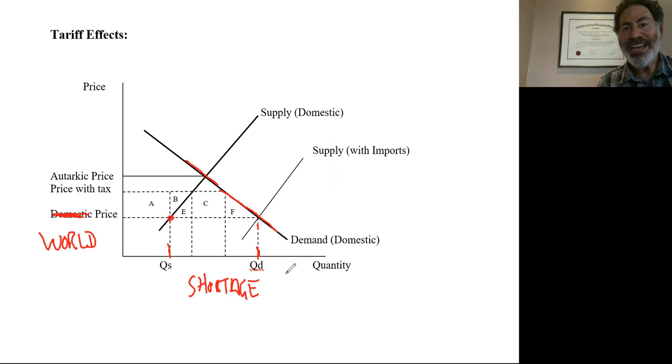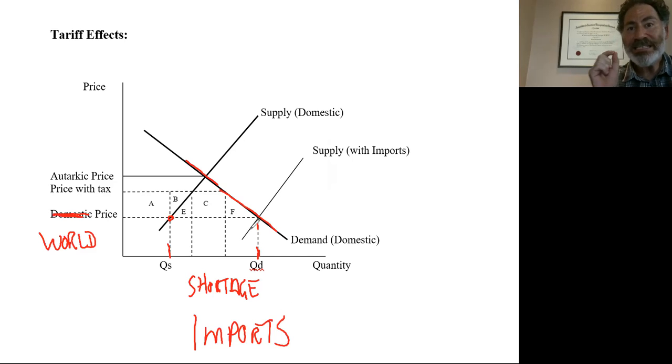The shortage is satisfied by imports. This is not written in our textbook. I've put it out here. This supply curve represents the domestic supply plus the imports. So that supply curve has shifted to the right. Supply has increased, and now we are at a new equilibrium.